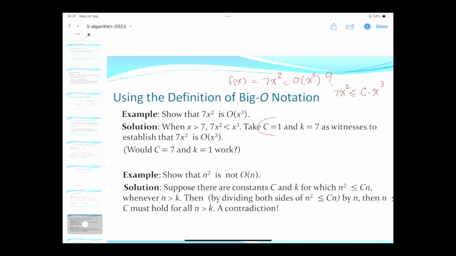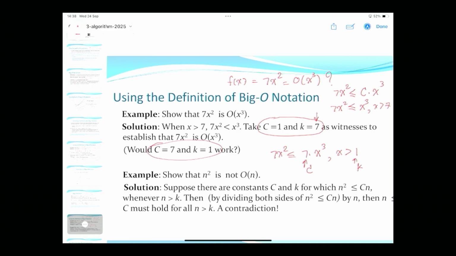One of them is when c is 1, we could have this true when x is greater than 7, so that means k is 7. Or another case, when c is equal to 7, 7x squared could be less than or equal to 7 times x cubed. So this is c, and then x greater than 1. So this is k, right?